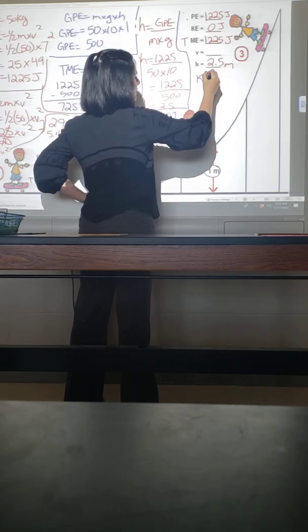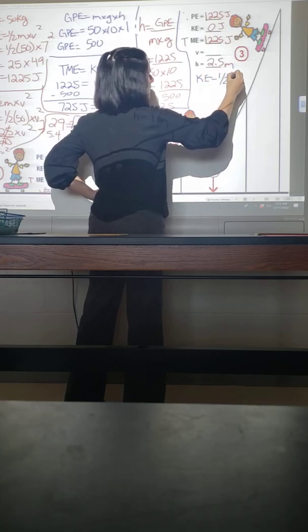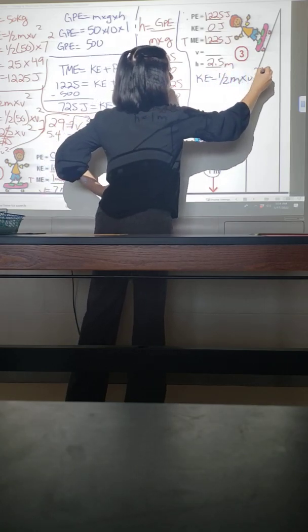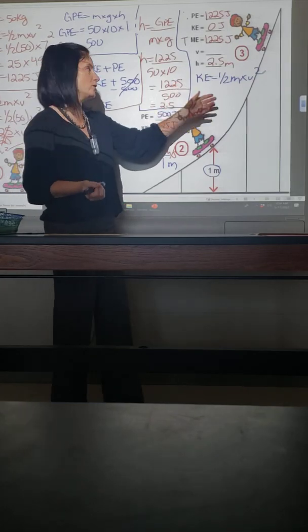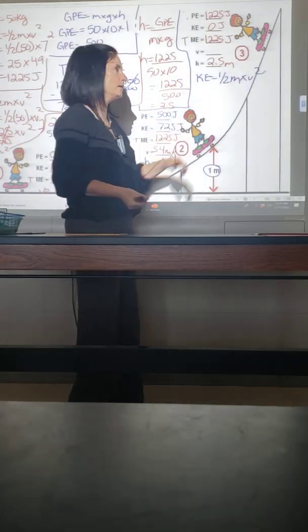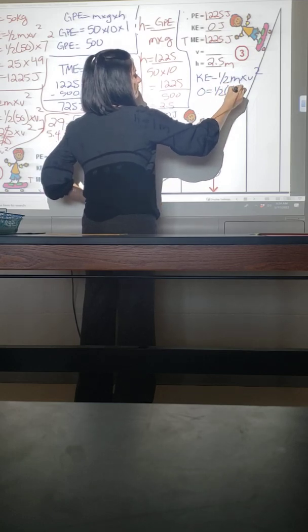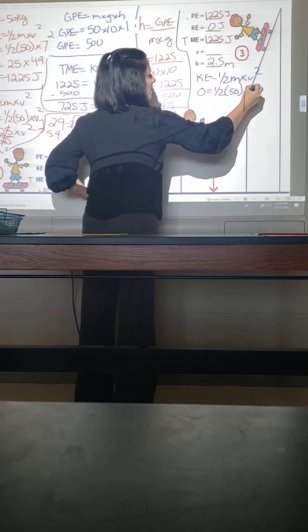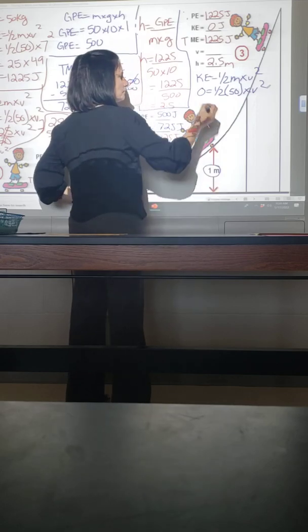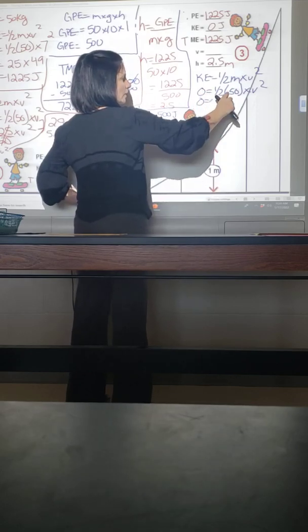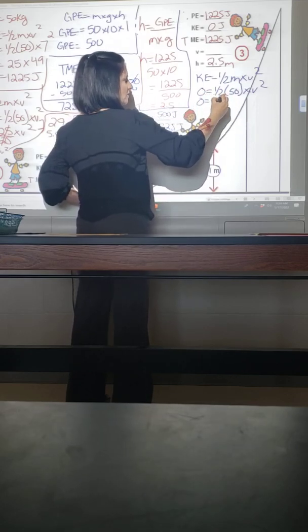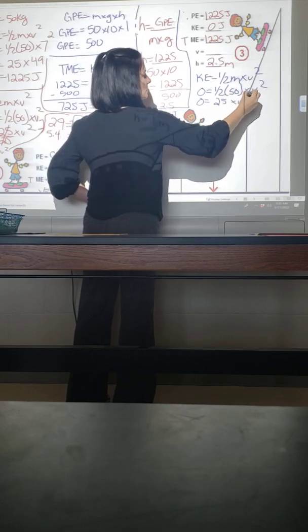So if I have KE equals 1/2 mass times v squared, and of course I'm using the kinetic equation because that's the one that has velocity in it. So if I take my kinetic of 0 equals 1/2, my mass is 50 times my v squared. I bring down what I can't do anything with. We already established that half of 50 is 25 times v squared.